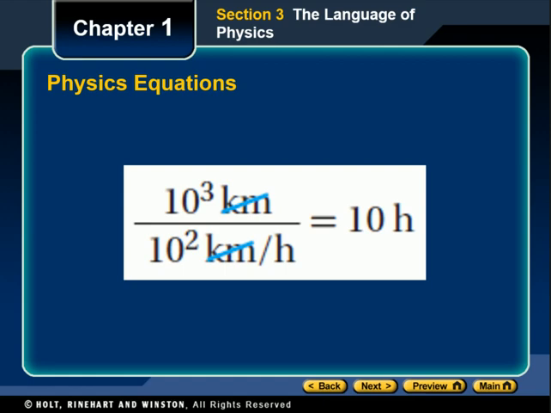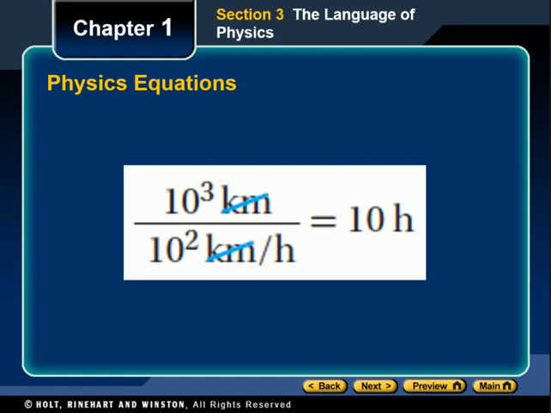For example, consider the car trip described in the discussion of dimensional analysis. We must divide the distance by the speed to find the time. The distance, 725 kilometers, is closer to 10 to the third kilometers, or 1,000 kilometers, than it is to 10 to the second kilometers, or 100 kilometers. So we will use 10 to the third kilometers.